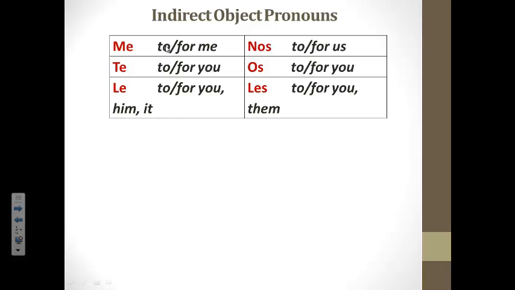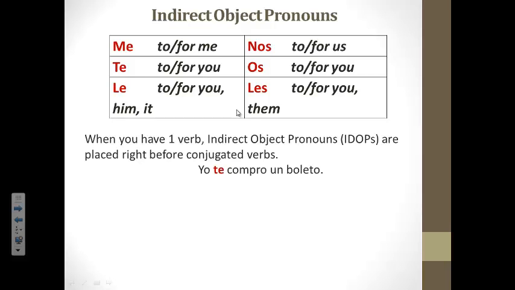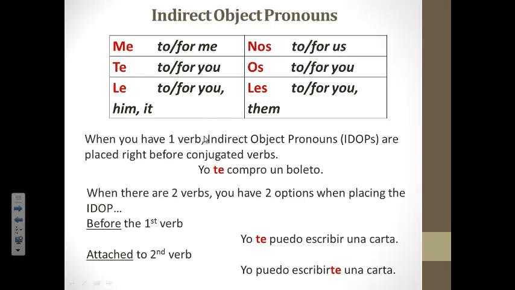Very common to be able to put the words to or for in front of your indirect object. Just another reminder on location, just like DOPs or direct object pronouns, if you've got one verb, your pronoun comes before that conjugated verb. And if you've got two verbs, then you have two options. You put it in front of the first verb, or you attach it to the second.